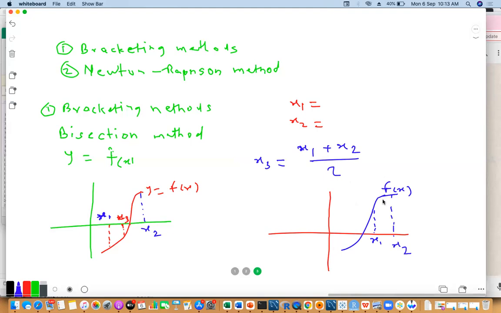Now our mid value will be lying in between this, right? So here it is x3, but our actual root is here, and whatever we have calculated is here. So this is not right. We are not going towards the solution, or the root of the equation. So what is the condition that our initial guesses are right? We will see that.